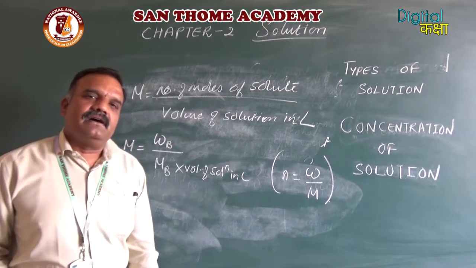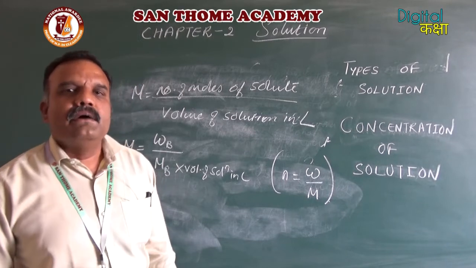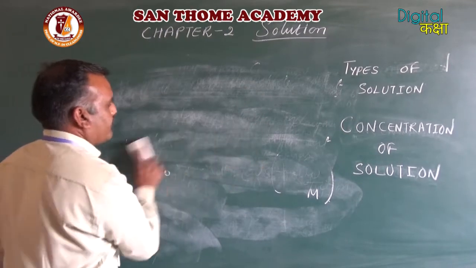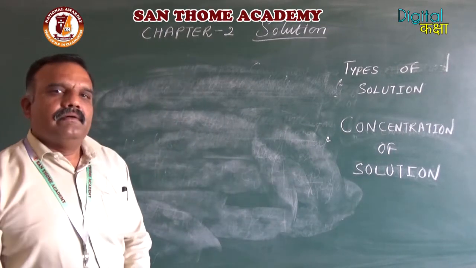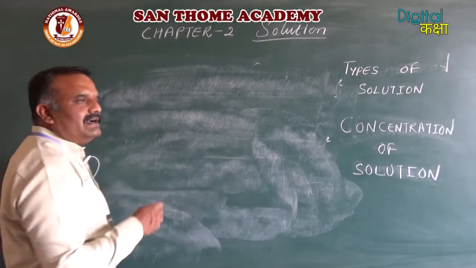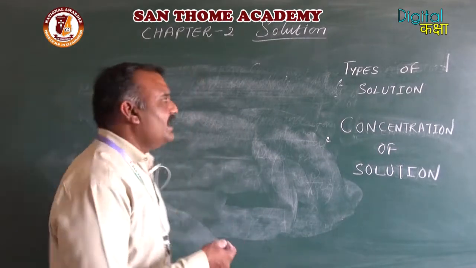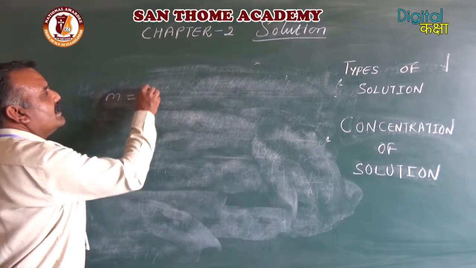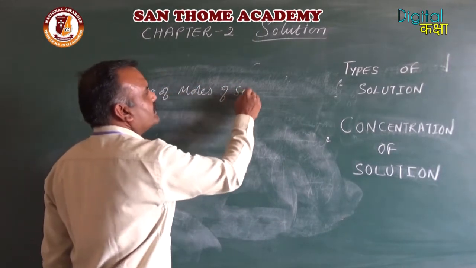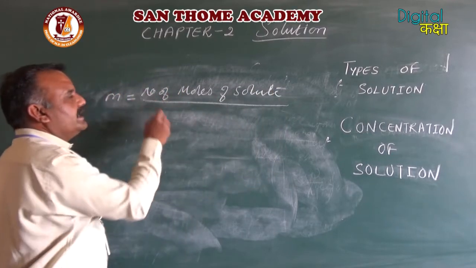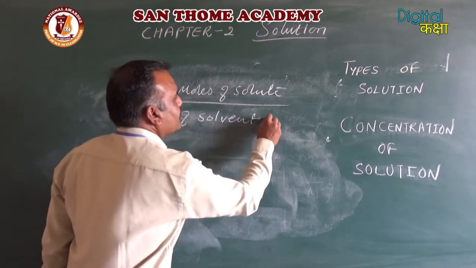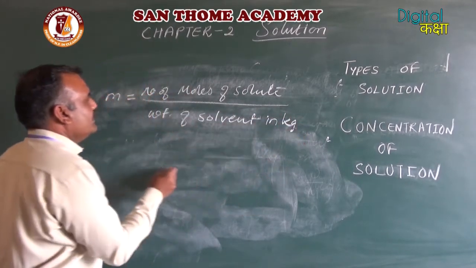Another way of expressing the concentration of the solution is molality. Molality is represented by small m and it is defined as the number of moles of solute dissolved per kg of solvent.